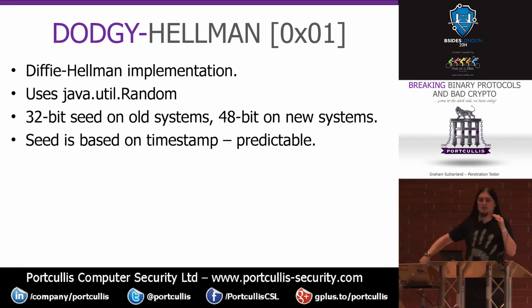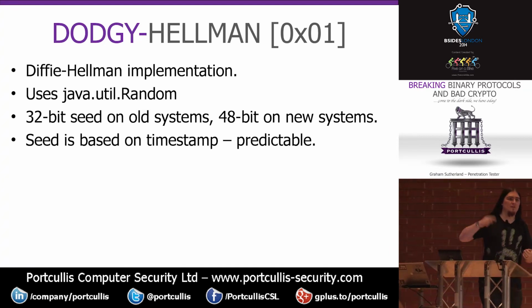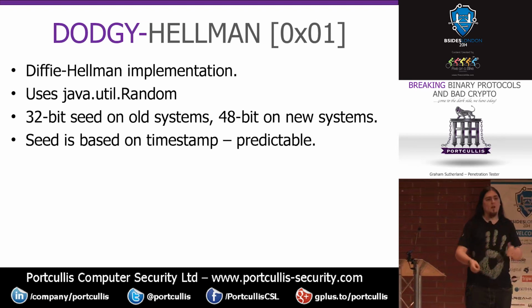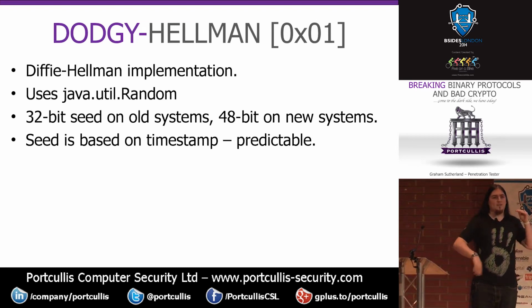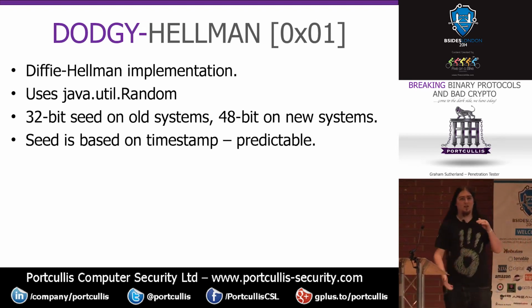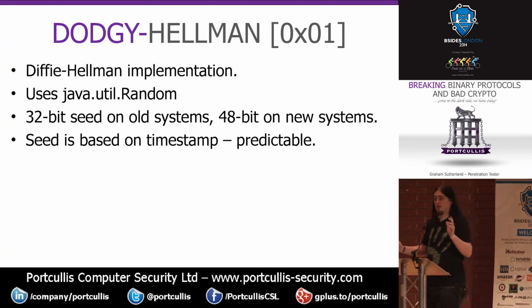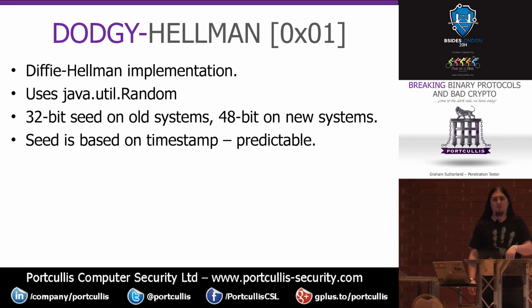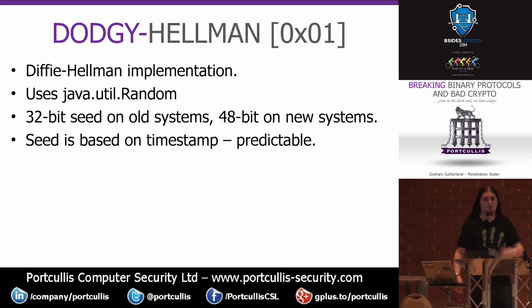So then all you need is enough outputs to work out what potential seed values there could be until you get them within this window, and then suddenly you know the seed, and then you can work out every random number that it will generate, and therefore what the Diffie-Hellman private information was, and then you get the secret, which means you win.